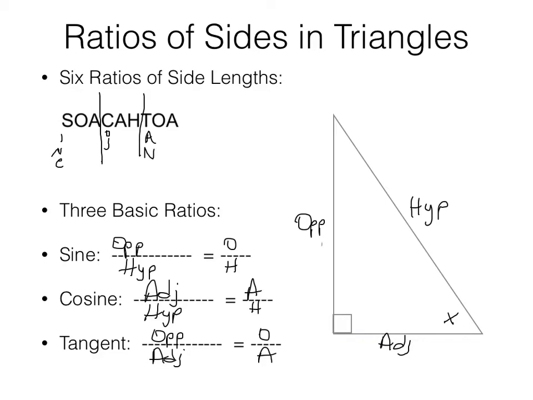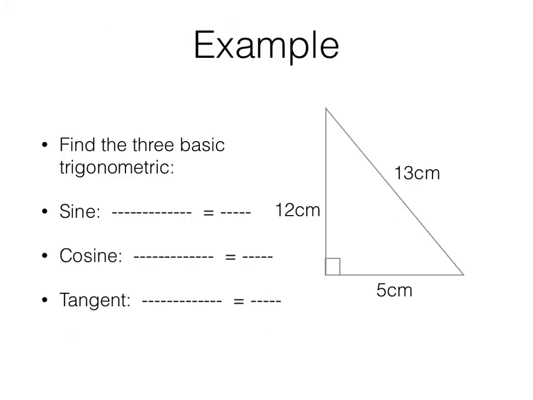So that's the acronym that you need to remember in order to remember the side combinations for these three basic ratios. So remember, sine is opposite over hypotenuse, cosine is adjacent over hypotenuse, tangent is opposite over adjacent, right?